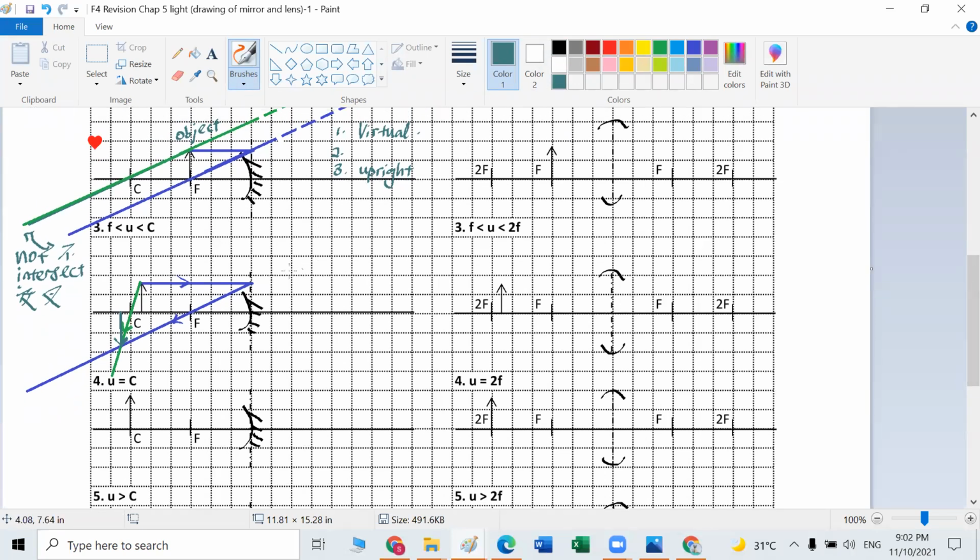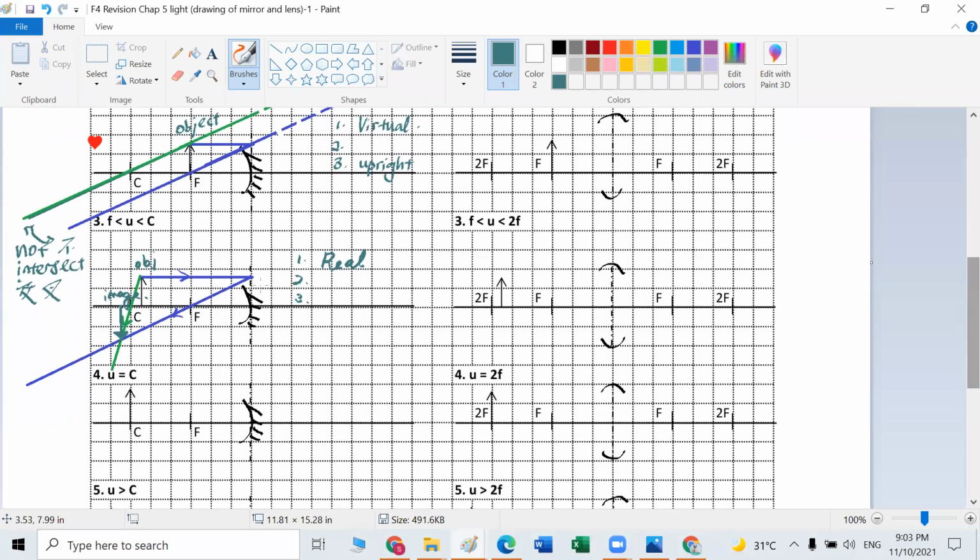Okay, so next, what is the characteristic? So this is object, this is image. So number 1, 2, 3. So see, now the object is in front of the mirror. So it's real, Chiron. Now it's real. RMI, very good.